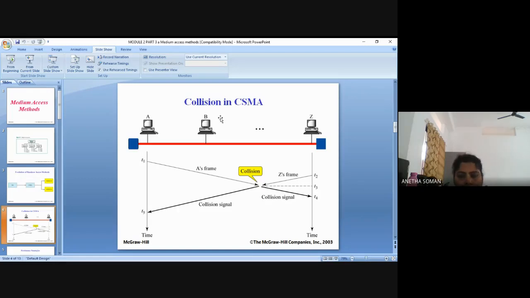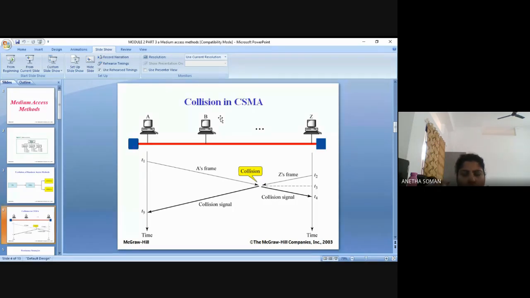CSMA is based on the principle of sense before transmit, or listen before talk. When you want to talk, you have to listen first and then talk. If you want to transmit, you have to first sense, then transmit. CSMA was based on that.